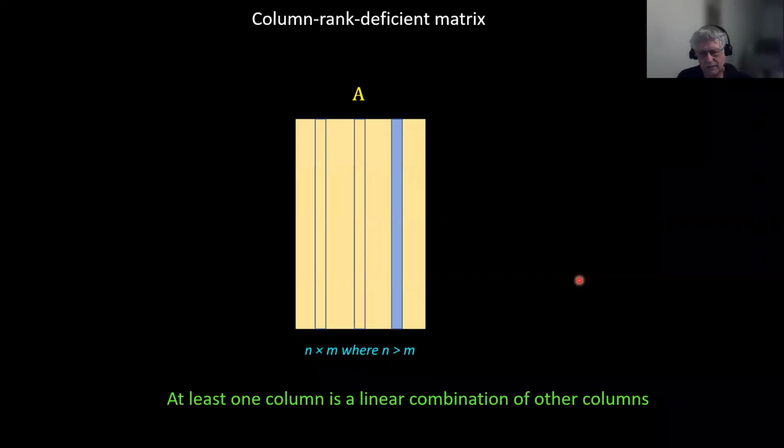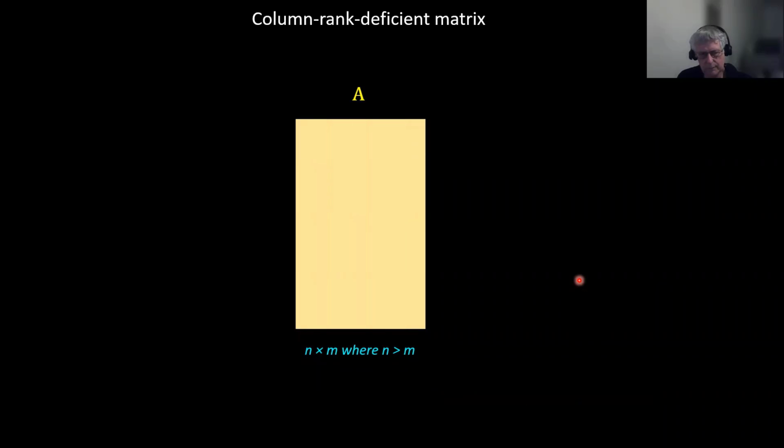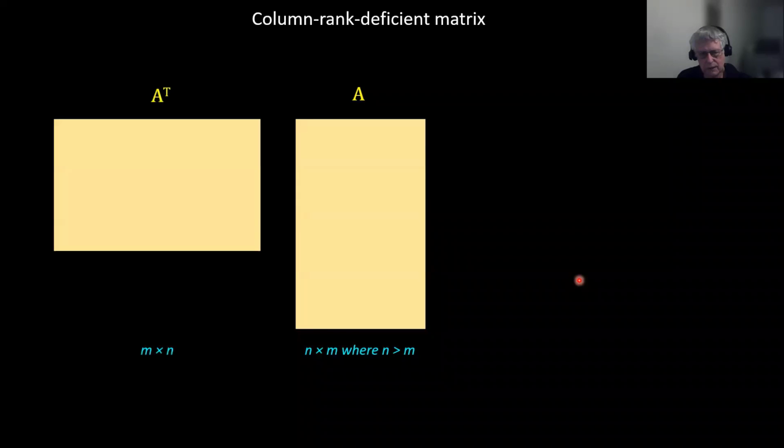Now, this has some important consequences which we'll just look at briefly. Here's my matrix A, and for the moment, we're not going to say whether it's column rank deficient or not. Let me pre-multiply that matrix A by its transpose.